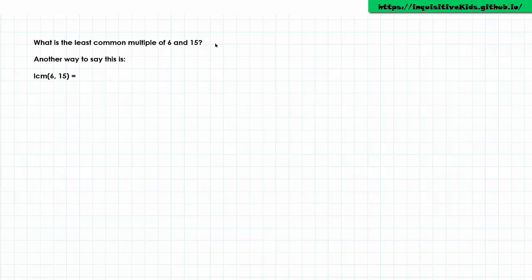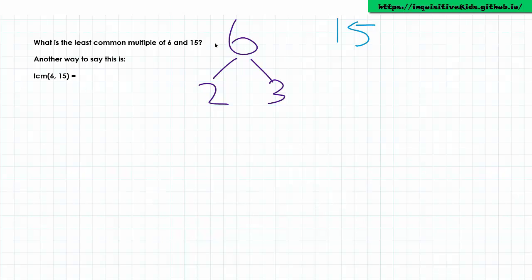Let's go to the next example. What is the least common multiple of 6 and 15? Let's use the prime factorization to do this. 6 can be divided into 2 and 3. 15 can be divided into 3 and 5.